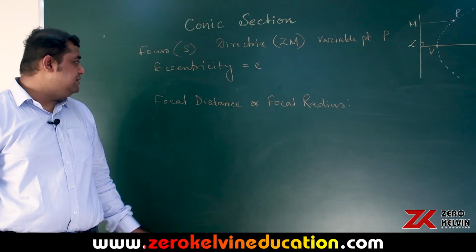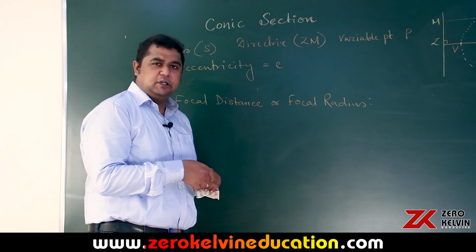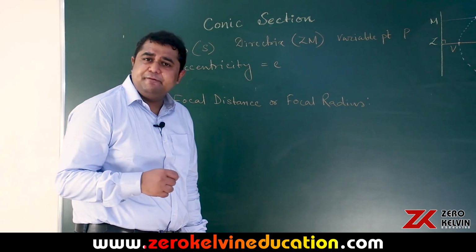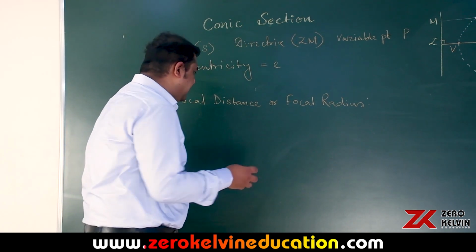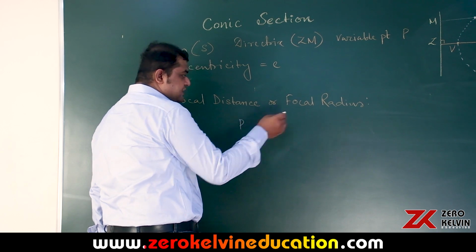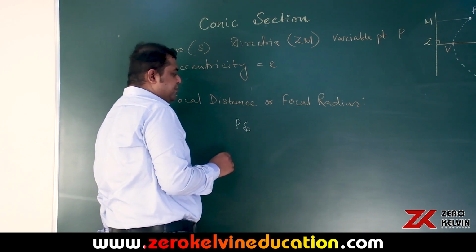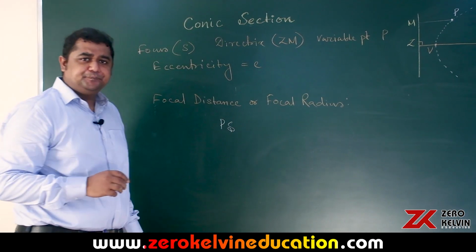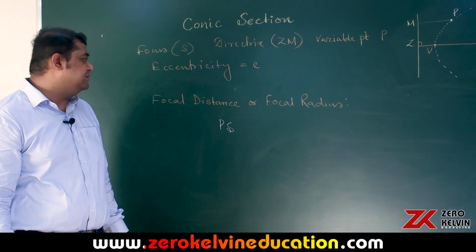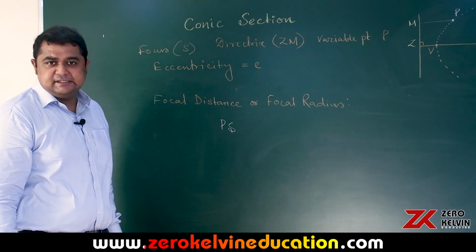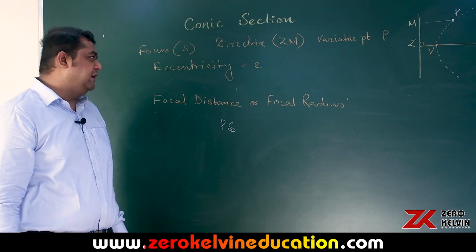So, in general, if I consider a point on the conic as P, its distance from focus is going to be PS or SP. So, this distance is going to be called focal distance of the point or focal radius.